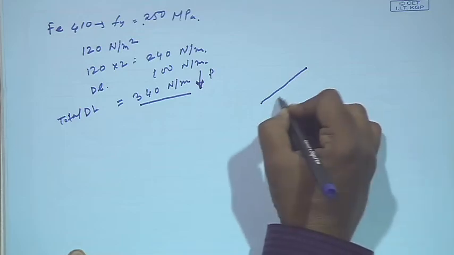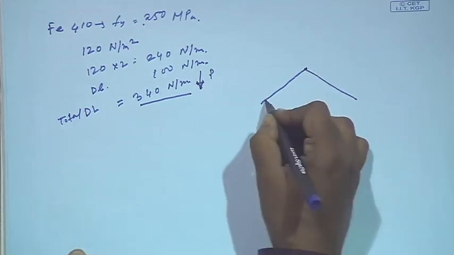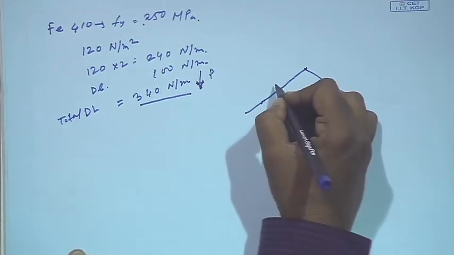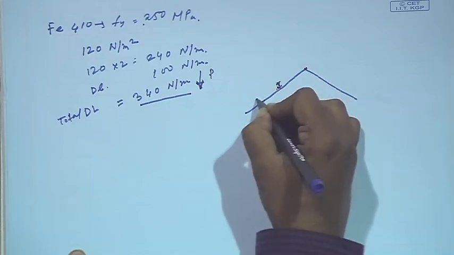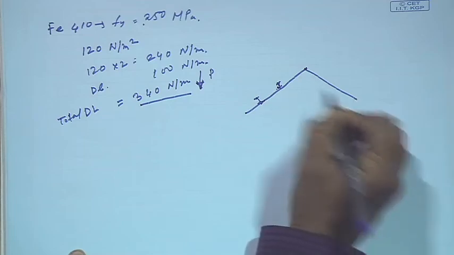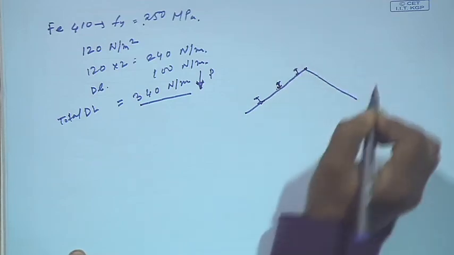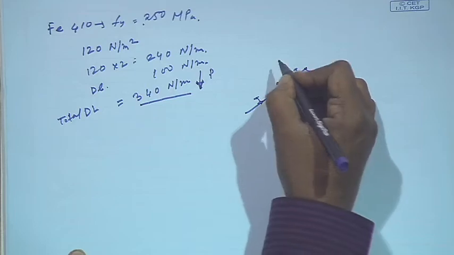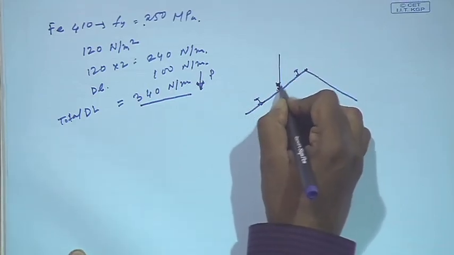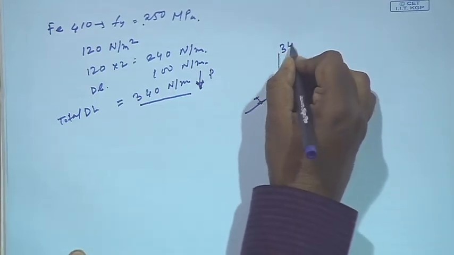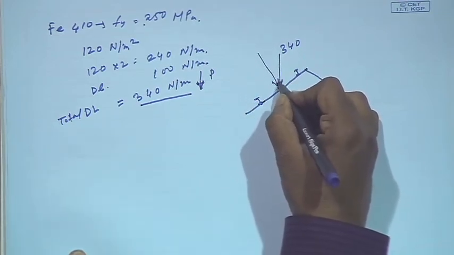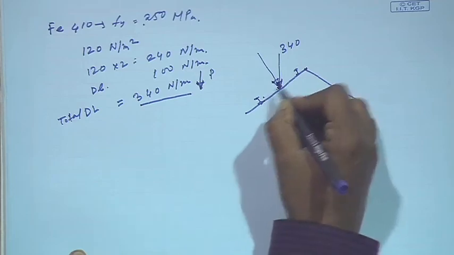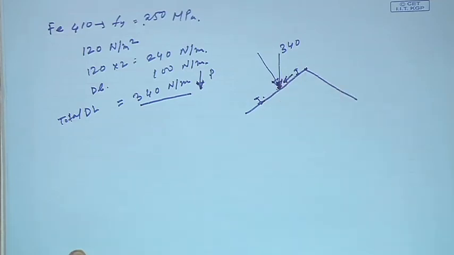If we consider the truss member like this, purlins are provided in different places, say here like this. The total dead load is 340. It has one component perpendicular to the roof and another component parallel to the roof.